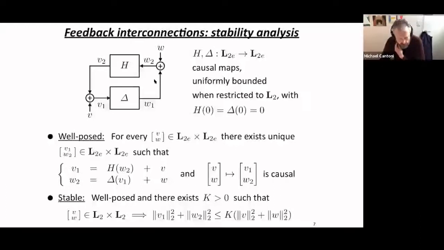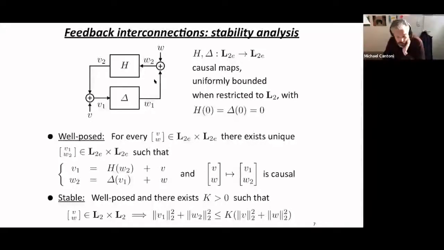Okay. We're interested in studying feedback interconnections, and I'm not worried about them being structured for the moment. But a feedback interconnection involves two open loop components. And we're going to take those open loop components to be causal maps that are uniformly bounded when restricted to L2.